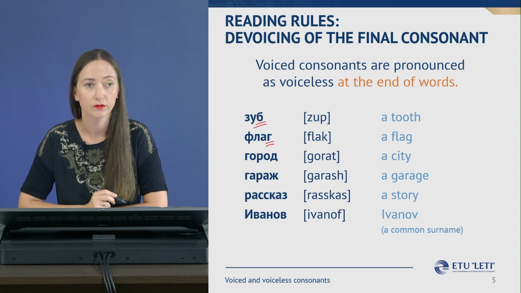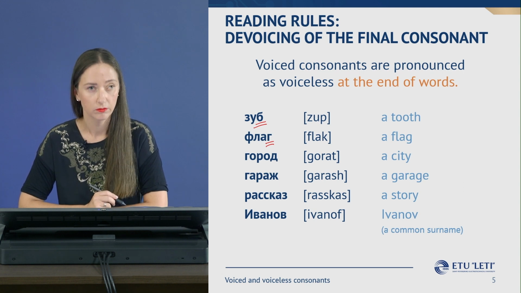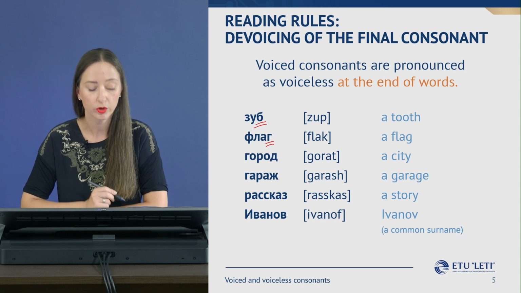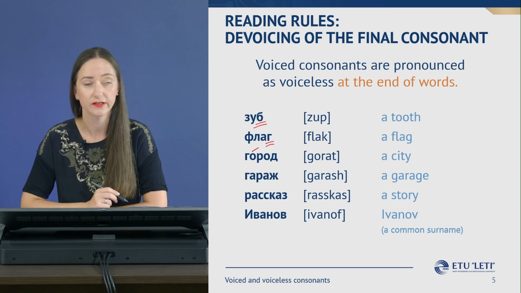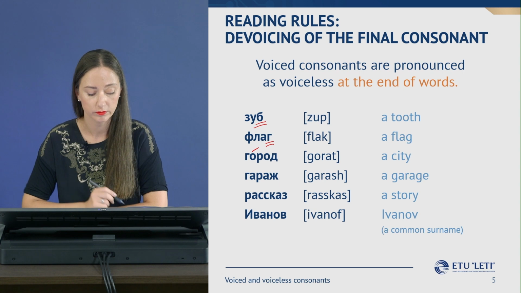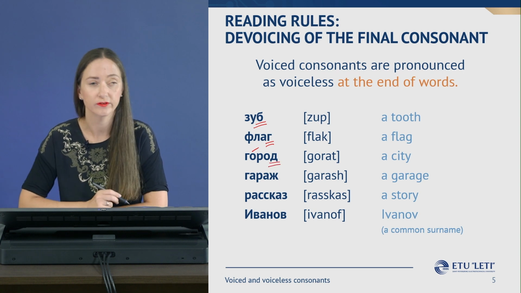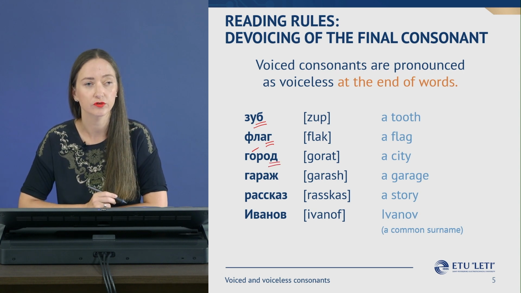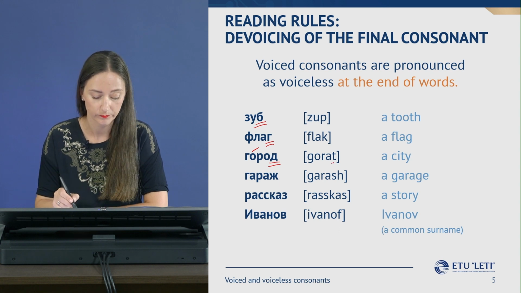Flag. A longer word, город, a city or a town. Again, it ends with d, but rather than pronouncing it as d, you say it as t at the very end of a word. Город, right?